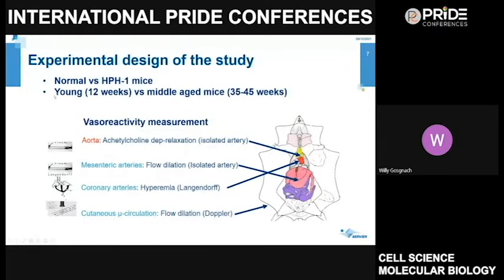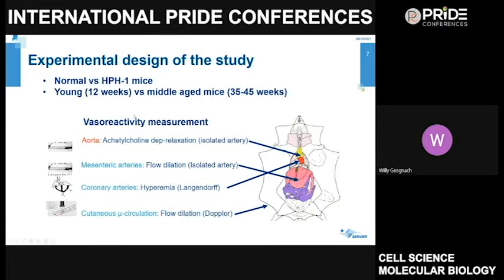We used young animals that were 12 weeks old versus middle-aged animals that were 35 to 45 weeks old. And we measured the vasoreactivity in 4 types of vessel: aorta, mesenteric arteries, coronary arteries, and cutaneous microcirculation.